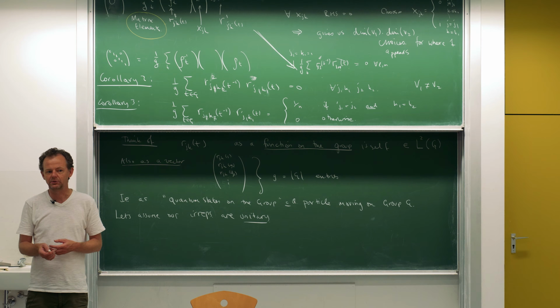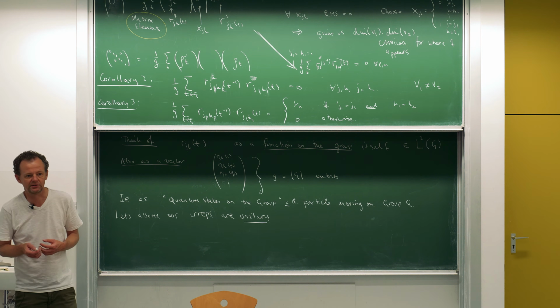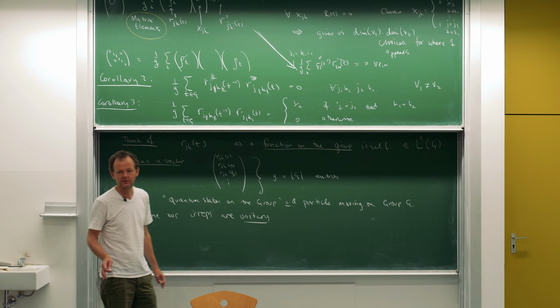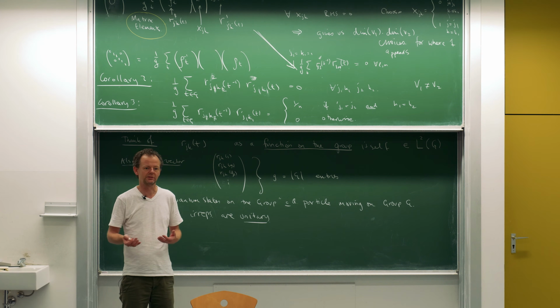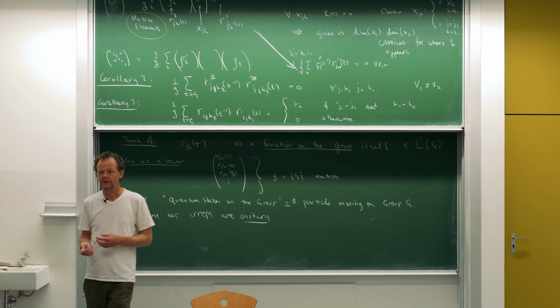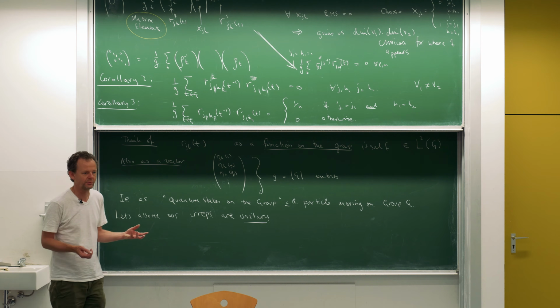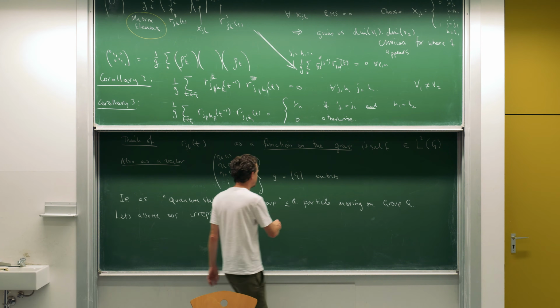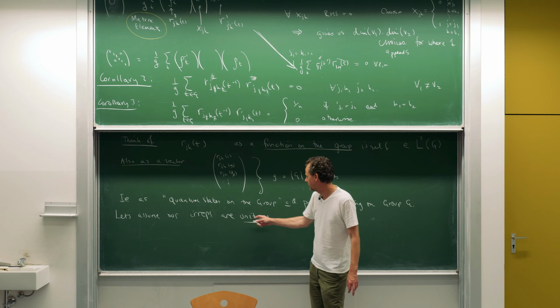But if we keep doing that for much longer, we're going to have a horrible set of notations to do with scalar products. I want to avoid that as much as I can in this course. It's a quantum mechanics course after all, so we're going to now specialize all our results to the unitary case to avoid having to introduce two or three sets of scalar products. It's not worth the pain. So let's assume that our irreps are unitary.